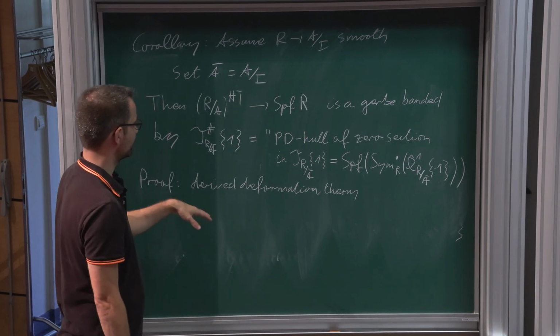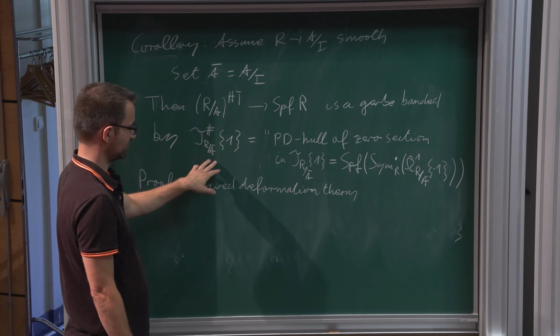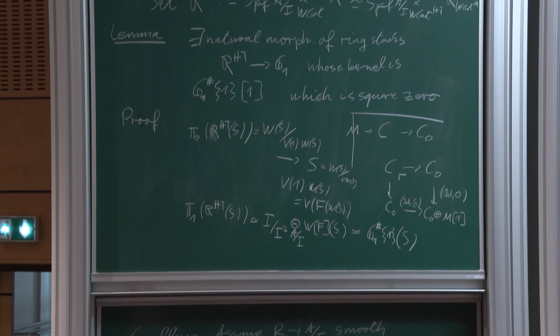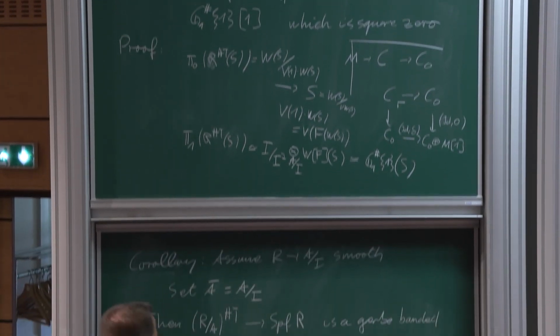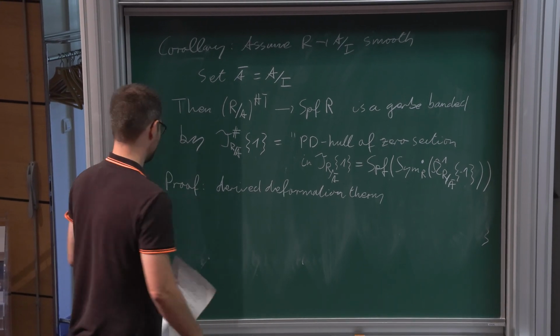So in this case one gets a simply transitive action, but because of a shift by 1 appearing there, it's actually a gerbe, meaning a torsor under the classifying stack for this group scheme.